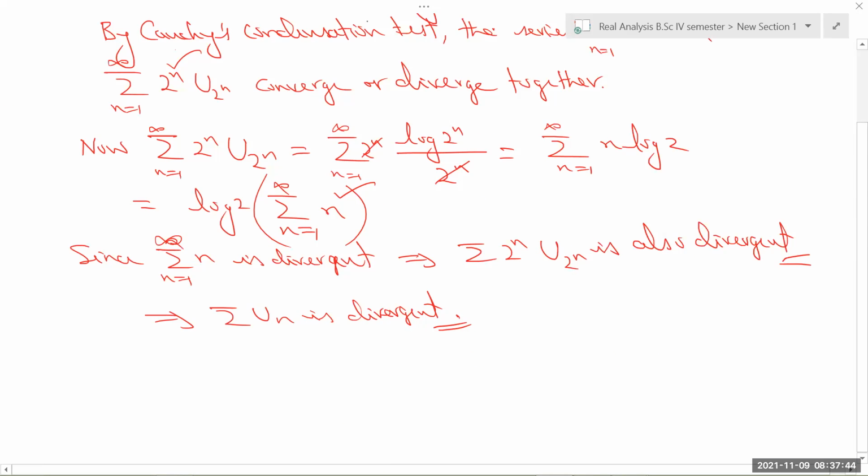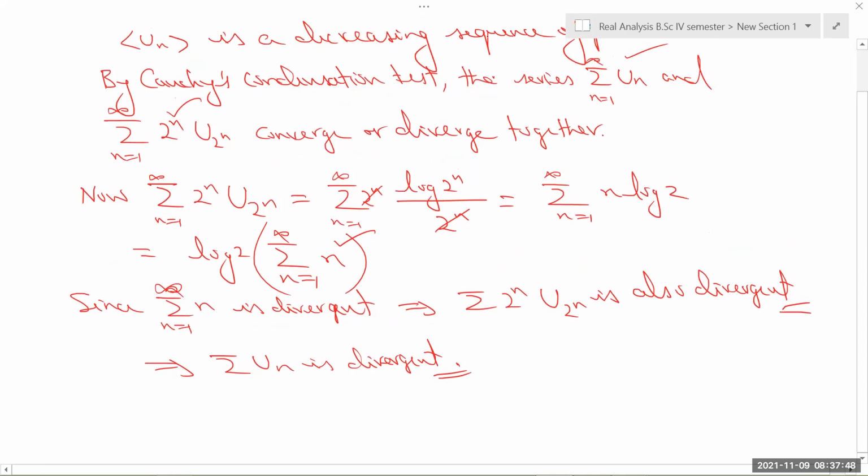So by Cauchy's condensation test, we have proved that un is a decreasing sequence.